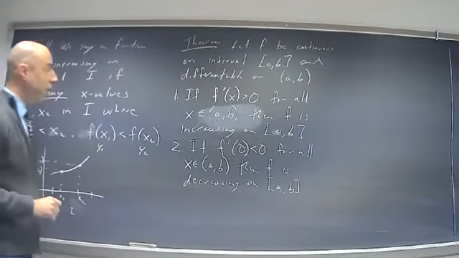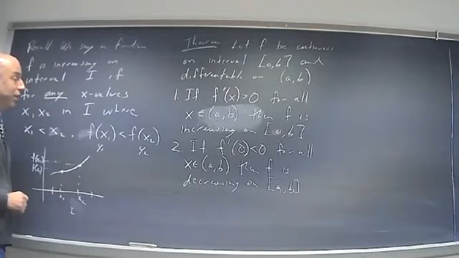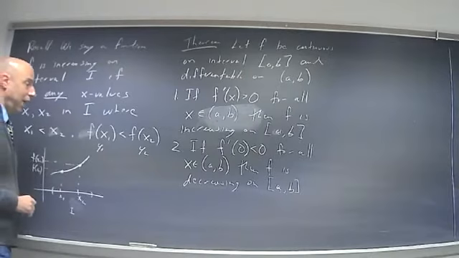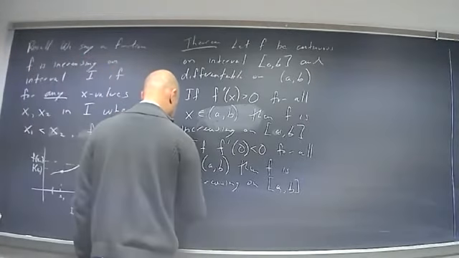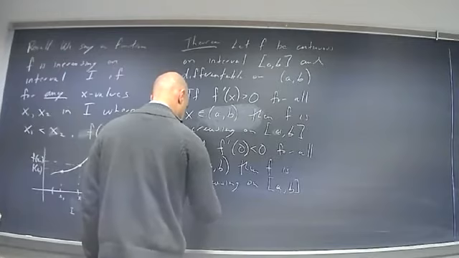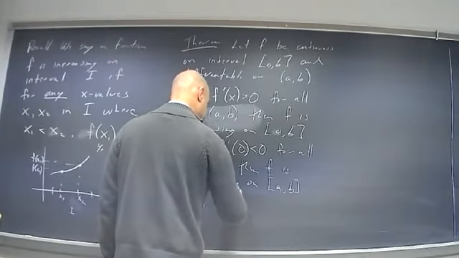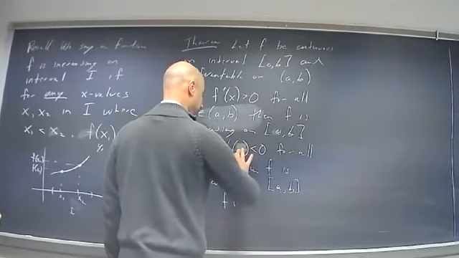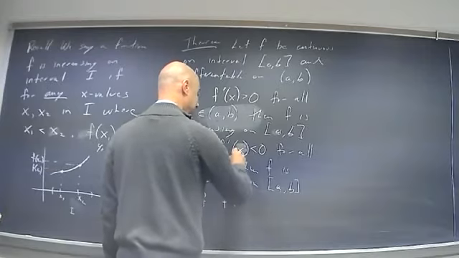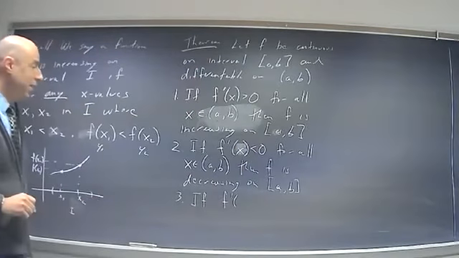So where the derivative is positive, the function is increasing. Where the derivative is negative, the function is decreasing. And this shouldn't come as a tremendous surprise. Oops, sorry, this should say f prime of x, not f prime of 0. My bad.